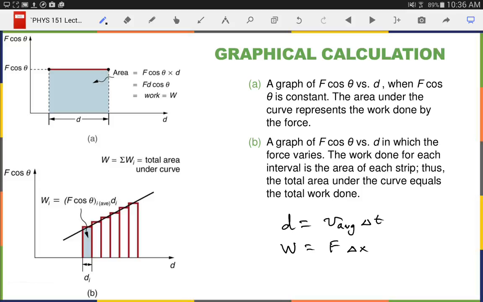So just like when we found position from a velocity versus time graph, we can take a force versus displacement graph, and provided the force is parallel to the displacement, the area under that graph gives us the work. So the total area under the curve equals the total work done.